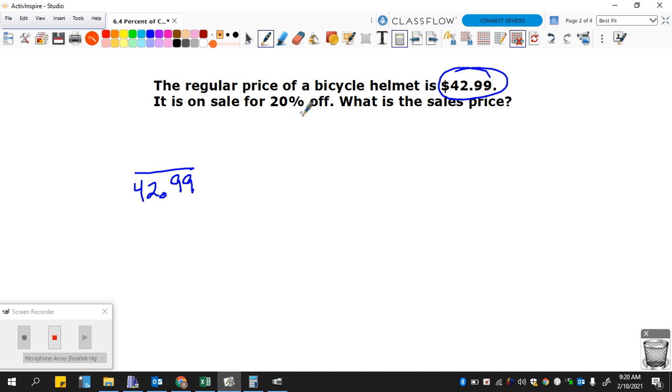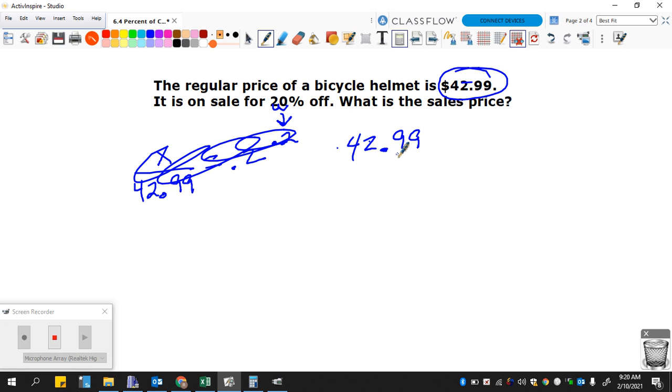Well, 20% would be the same thing as moving the decimal point 1, 2, so it'd be 0.2. Okay, so what's the sale price? Actually, let me change the way we're doing this. So all we have to do is take the 20% times 42.99.